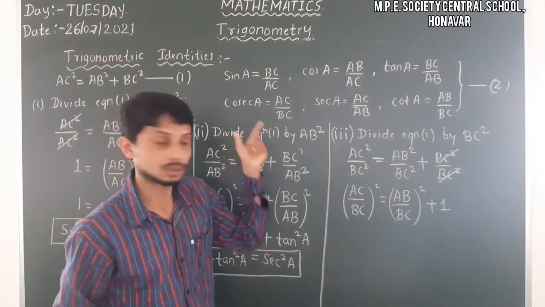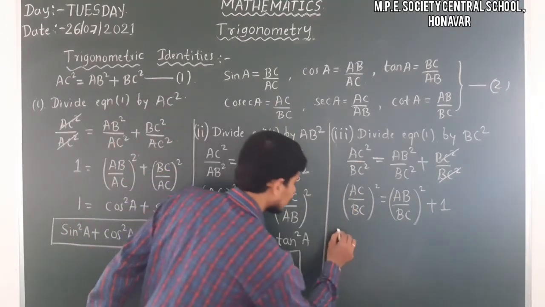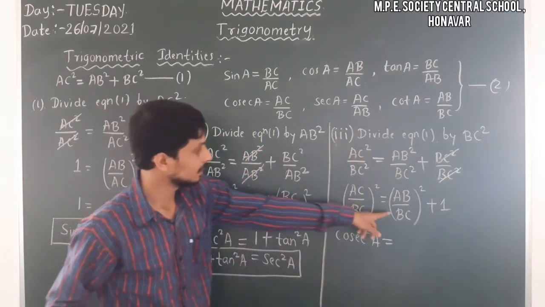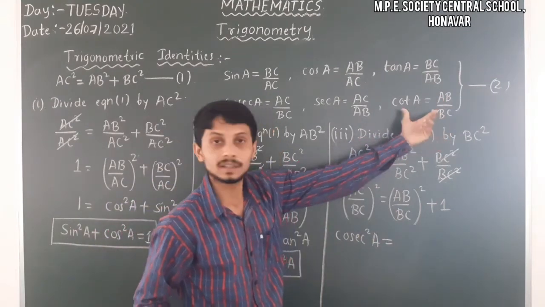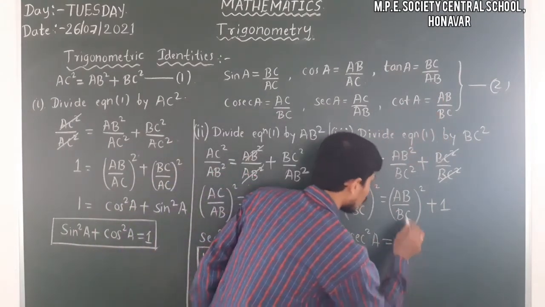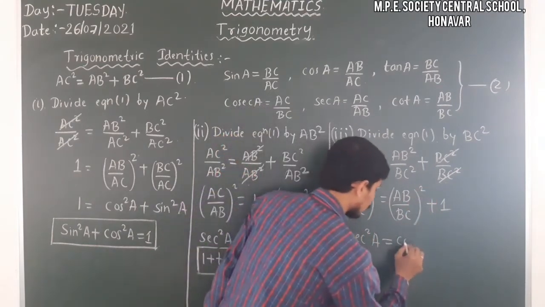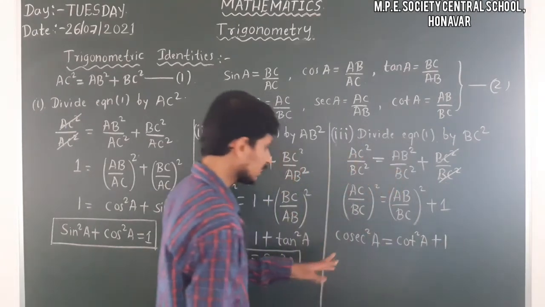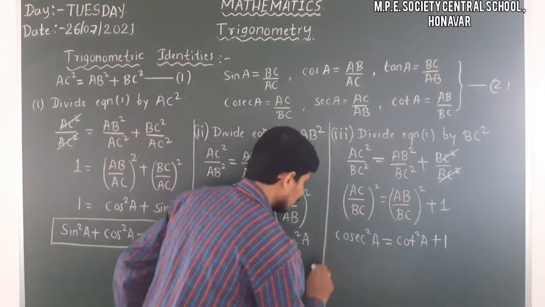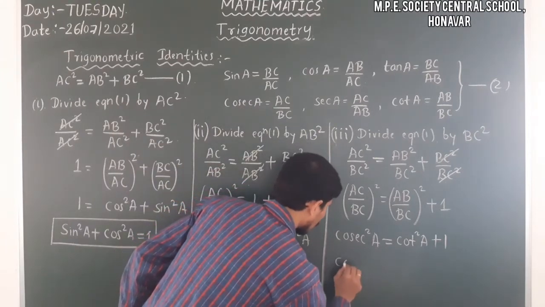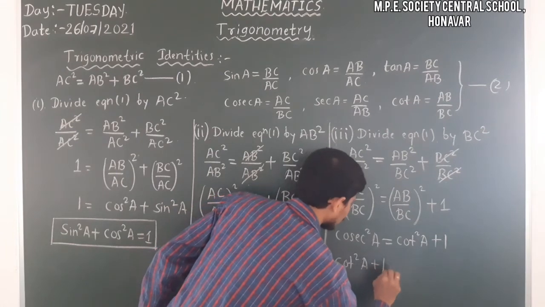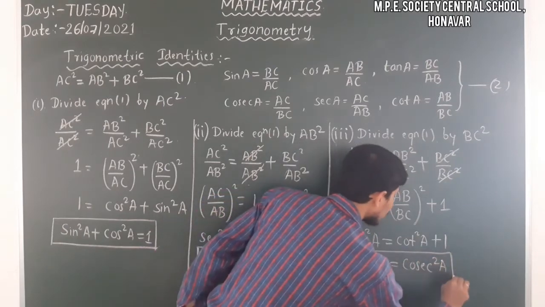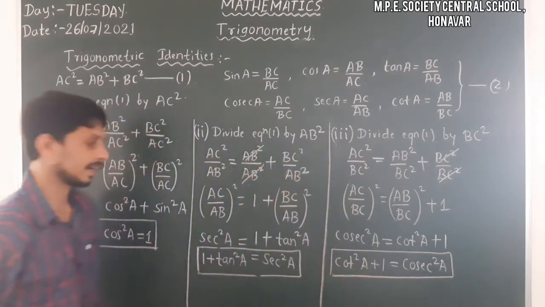AC by BC is cosec A, that is cosec square A, and AB by BC is cot A, that is cot square A, plus 1. So this is the third trigonometric identity: cot square A plus 1 is equal to cosec square A. These are the three trigonometric identities.